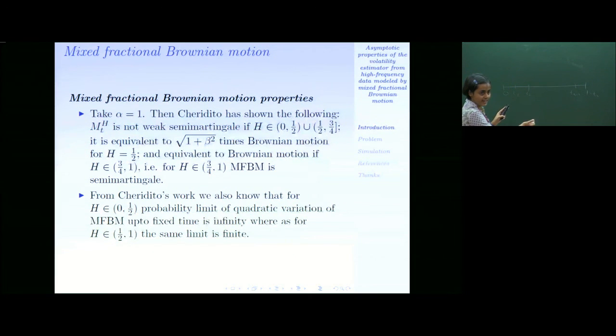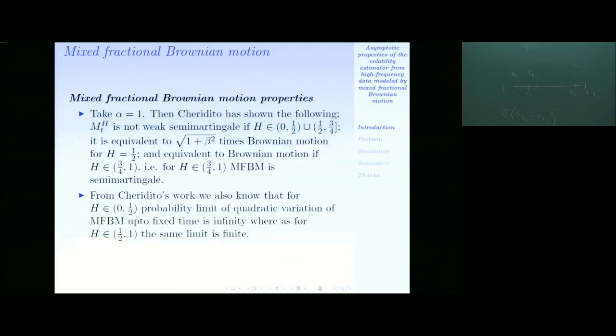If you increase n, there are more and more time points, and they all stay in this interval itself. You have observed the process like this, then you just take these differences. This is the quadratic variation term.